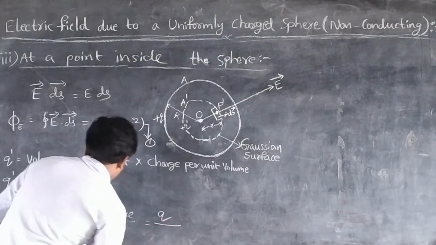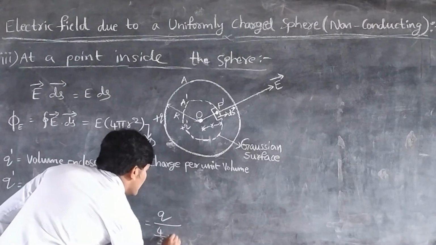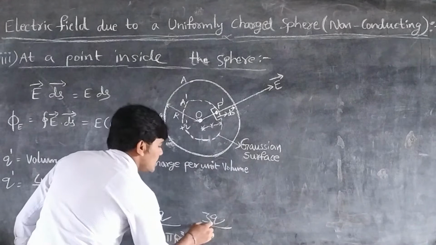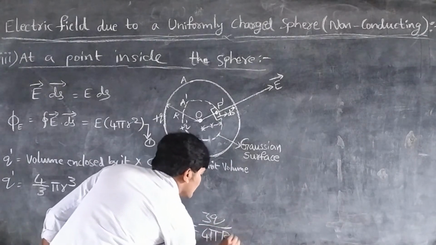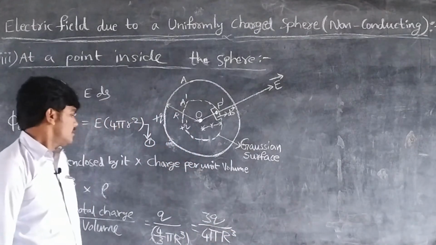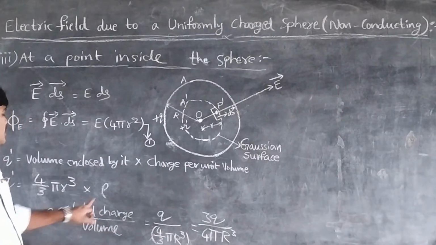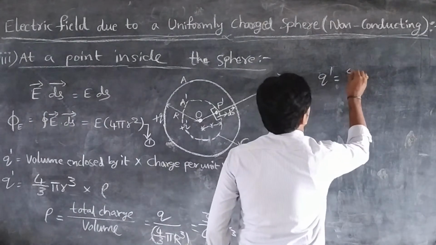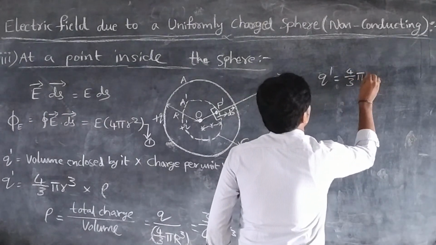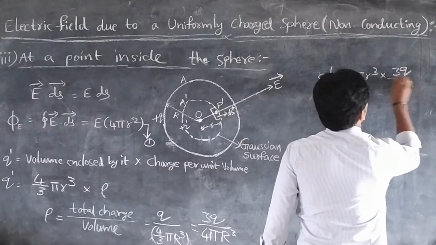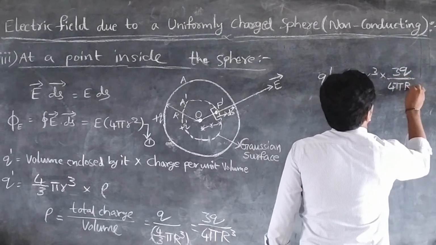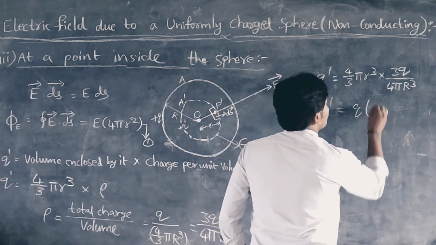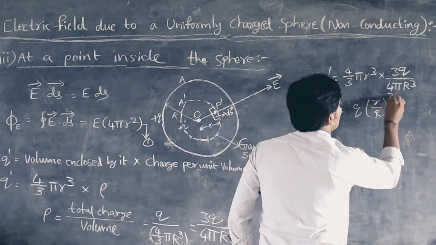Q by volume, 4 by 3 pi R cubed. This we can rewrite as 3q by 4 pi R cubed. So this rho value we can substitute here. We get Q dash is equal to 4 by 3 pi r cubed into 3q by 4 pi R cubed. After cancellation we get Q dash is equal to Q times small r by capital R whole cubed.